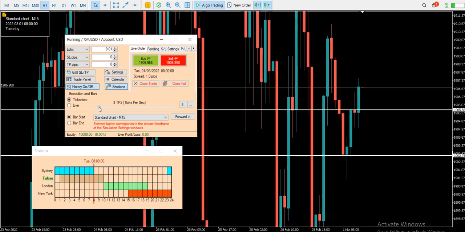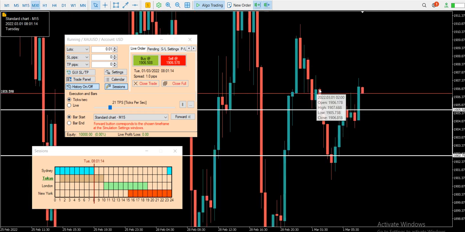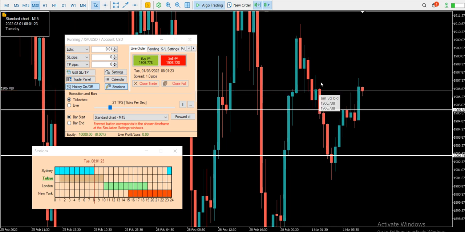Speed it up a little bit. By the way, we can speed it up and slow it down up to our own requirement. As soon as this candle breaks the high right here, this is where I will execute the buy trade. Why am I not considering this resistance rather than that one?